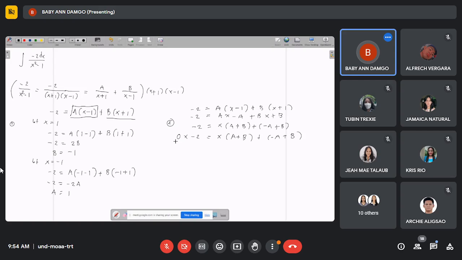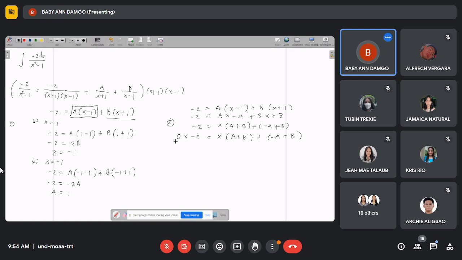So the integration of dx over x plus 1. Class, we can let u be equal to x plus 1. So our du, the derivative of x plus 1, is dx. So we can apply the substitution. Our dx here is du, all over x plus 1, which is u.